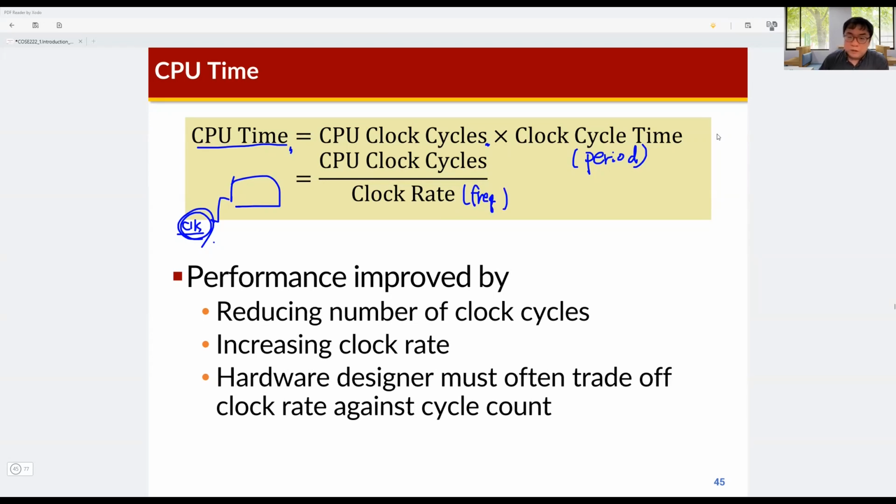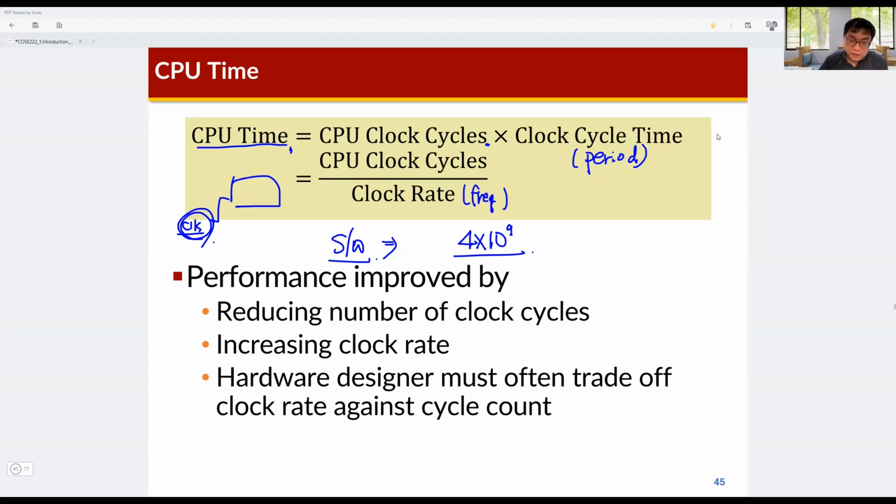So let us assume that for executing this certain software, we consume 4 multiplied by 10 to the 9 clock cycles.